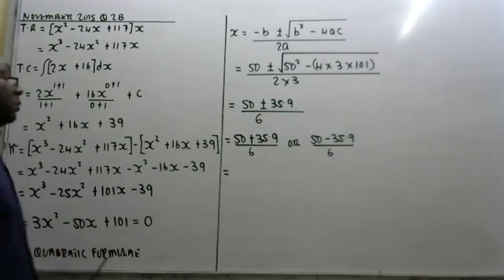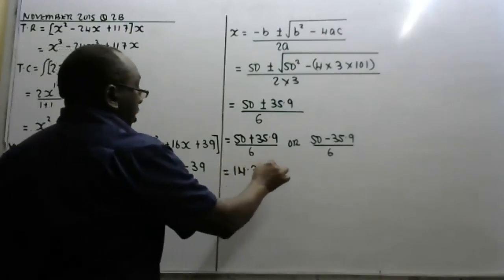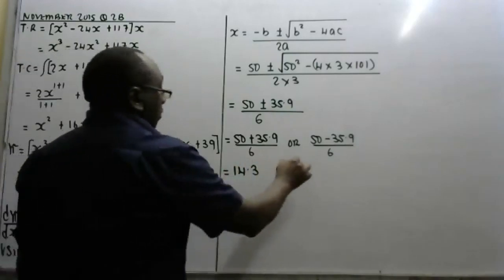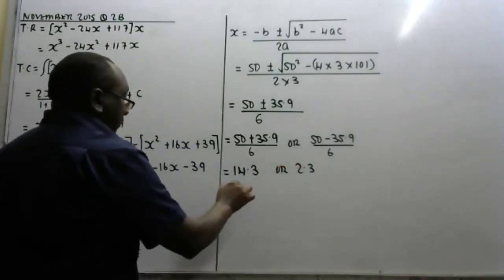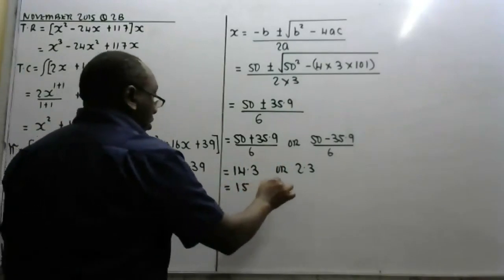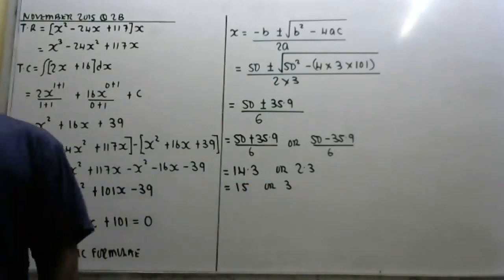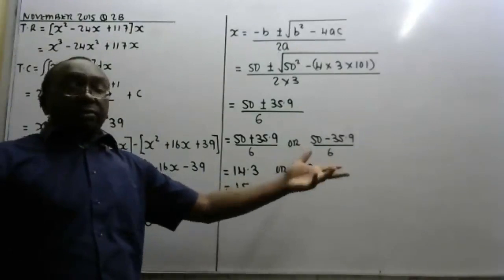That gives 14.3 or 2.3. These you can round to 15 or 3, or you can choose to proceed with these values the way they are, whichever you want.